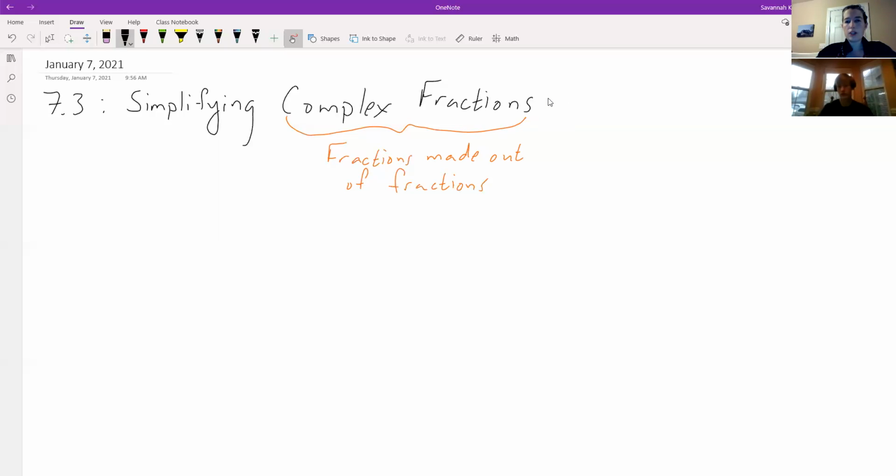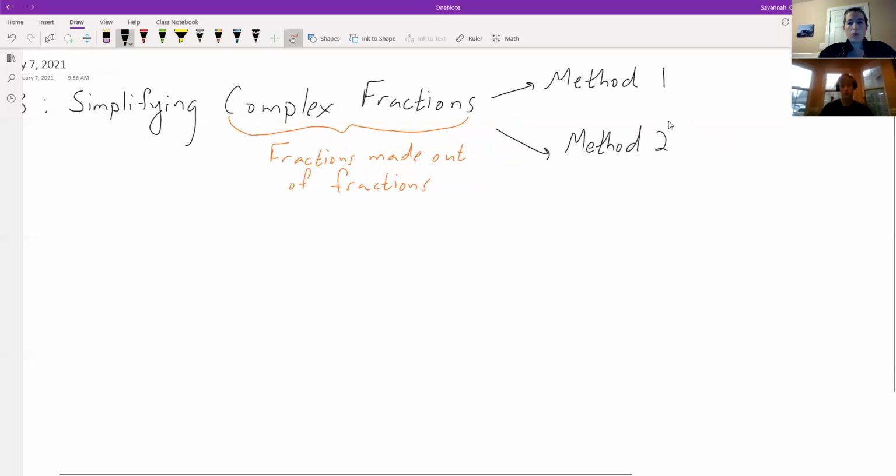The book gives us 2 methods for doing this simplifying. Method 1 and method 2. Every book I've ever taught out of does this, and I know why they do it, and I sort of sympathize, but it also creates a lot of confusion.